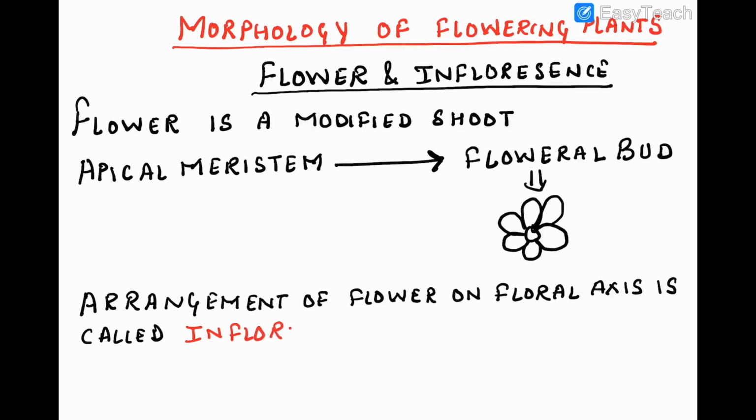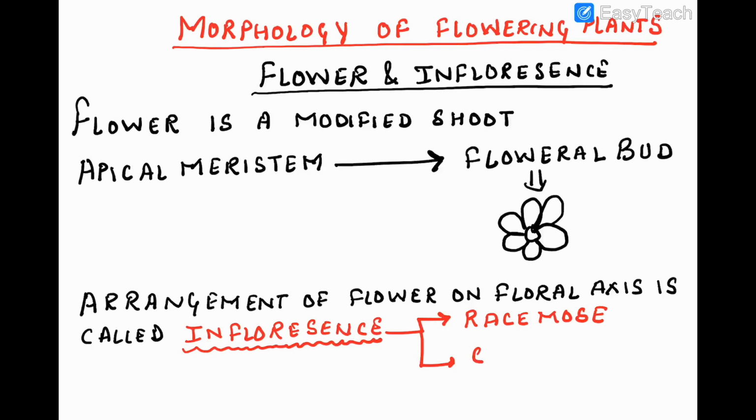When flowers are arranged on the floral axis, it is known as inflorescence. Inflorescence is of two types: racemose inflorescence and cymose inflorescence. Let us look at both types of inflorescence. So first, let us talk about racemose inflorescence.